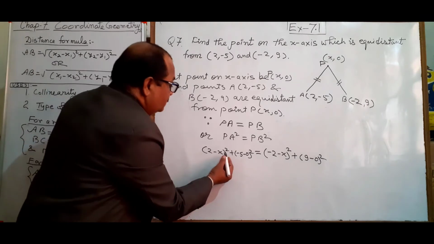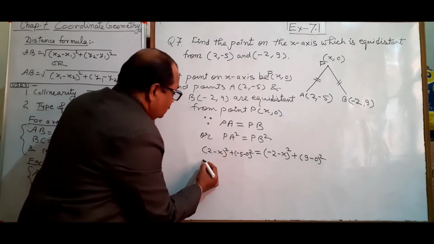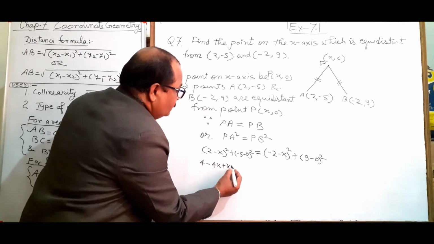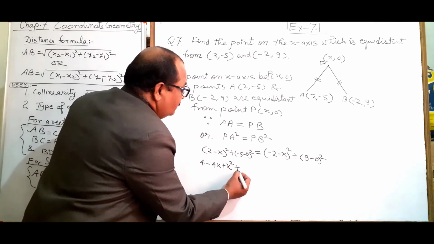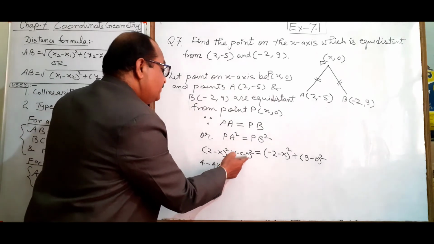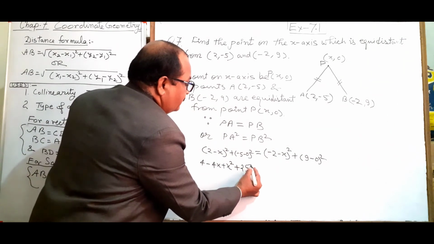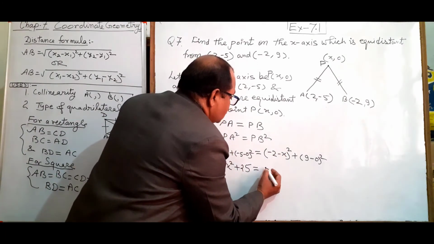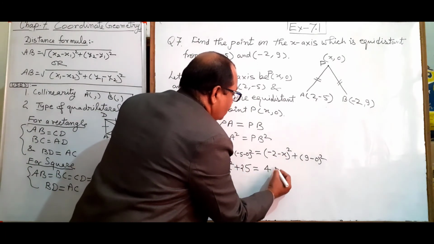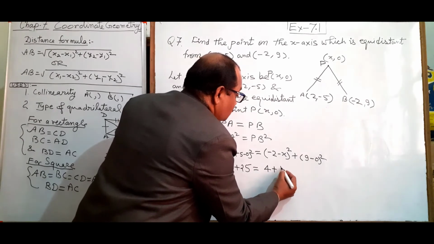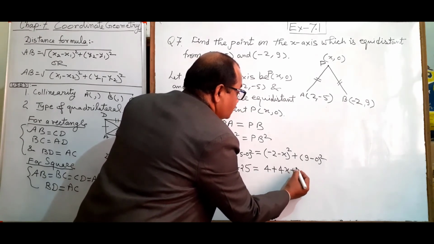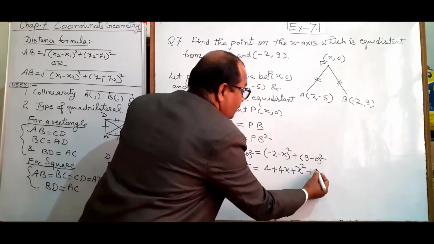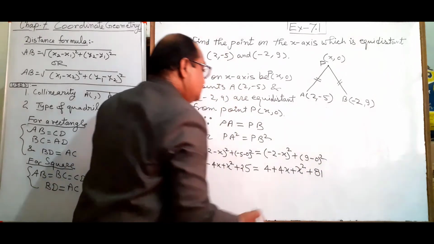Now squaring it, its square is 4 minus 4x plus x square plus it is minus 5 and square is 25. Now you can see square of this one, its square will be 4 plus 4x plus x square plus square of 9 is 81.